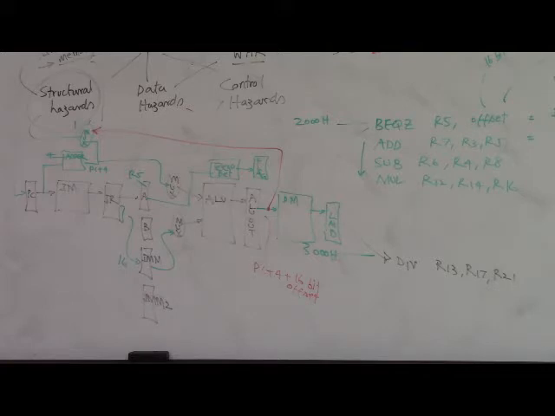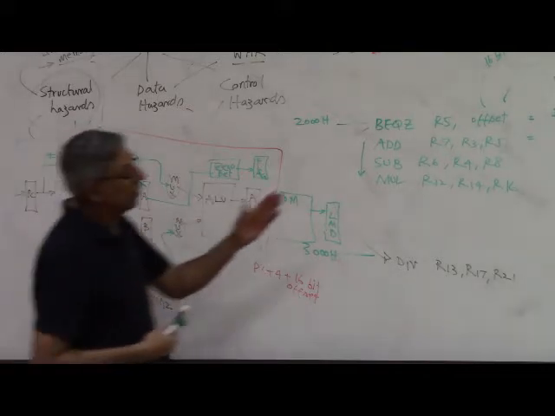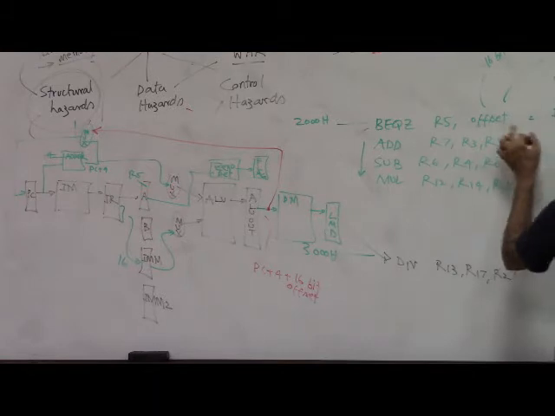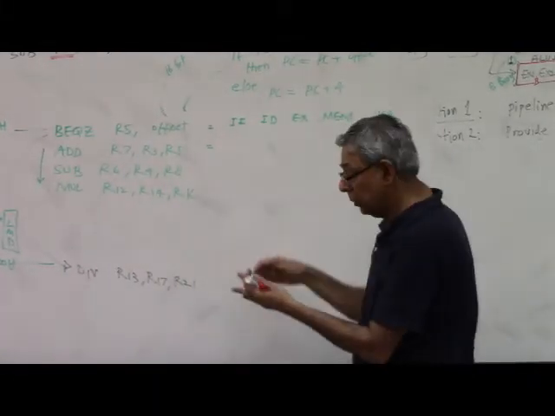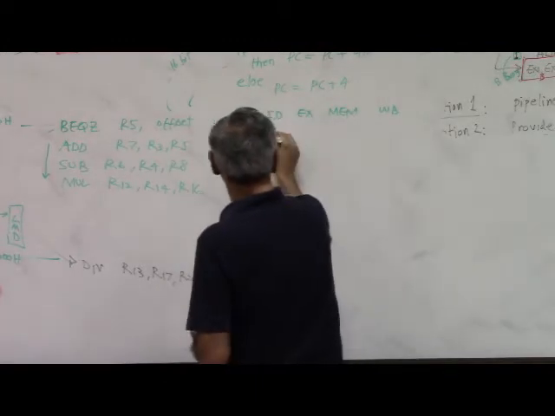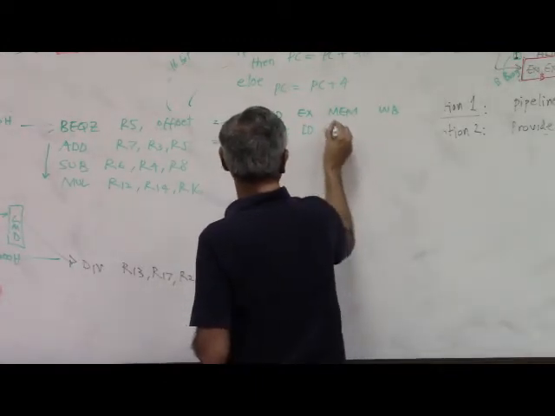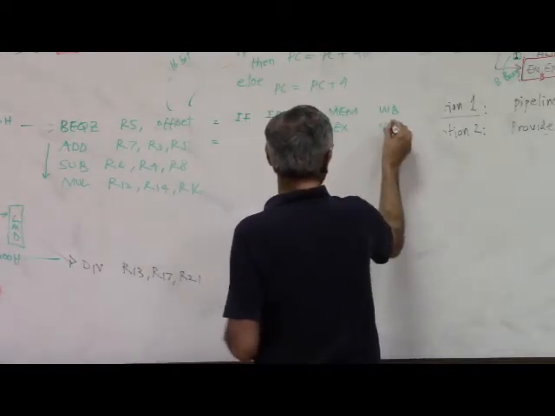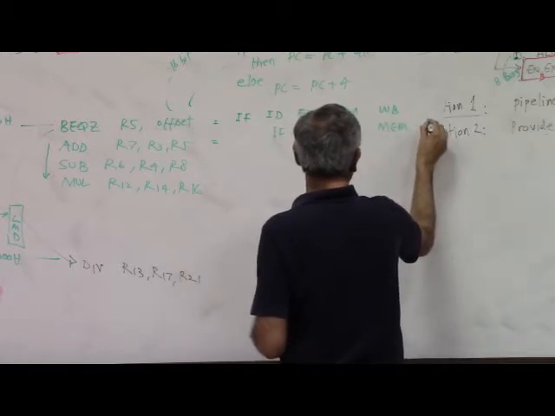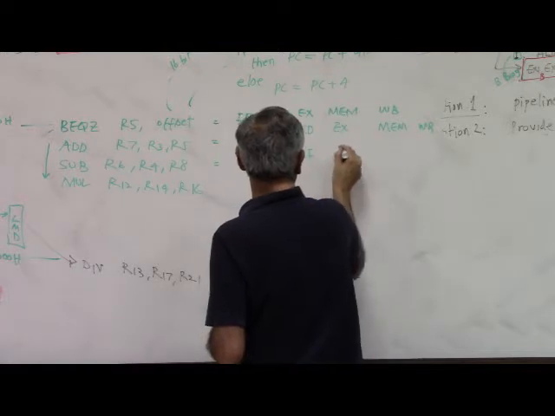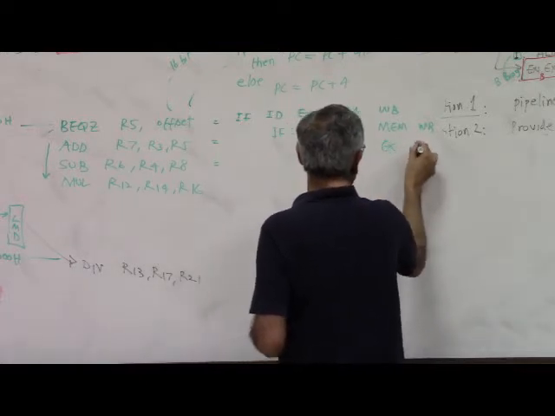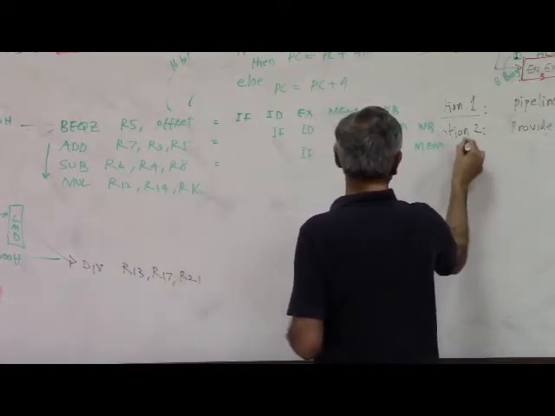Okay, so now let's take a look over here. If this is our branch instruction, right? If we were executing normally, what will happen? This will go IF, ID, EX, mem, and write back. This will go normally IF, ID, EX, mem, and write back.